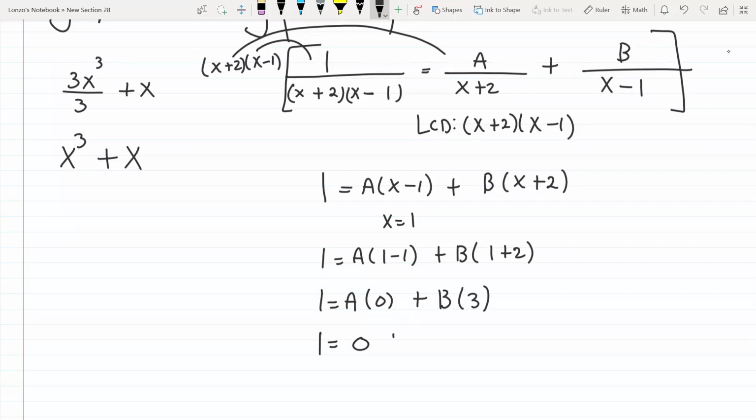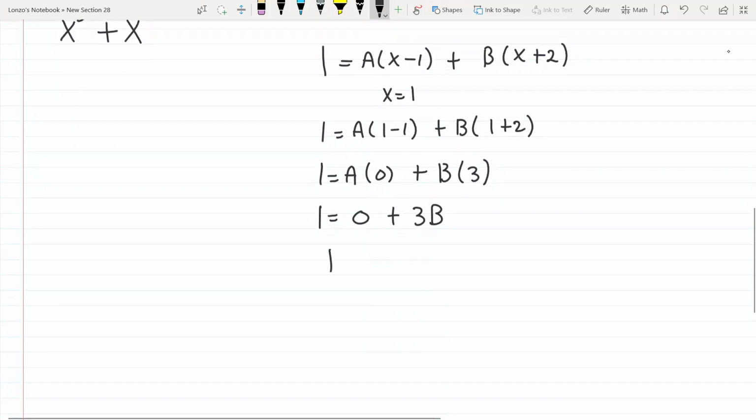A times 0 is 0, plus 3B. So that's 1 equals 3B. Solve for B, so you divide both sides by 3 and get B equals 1/3.